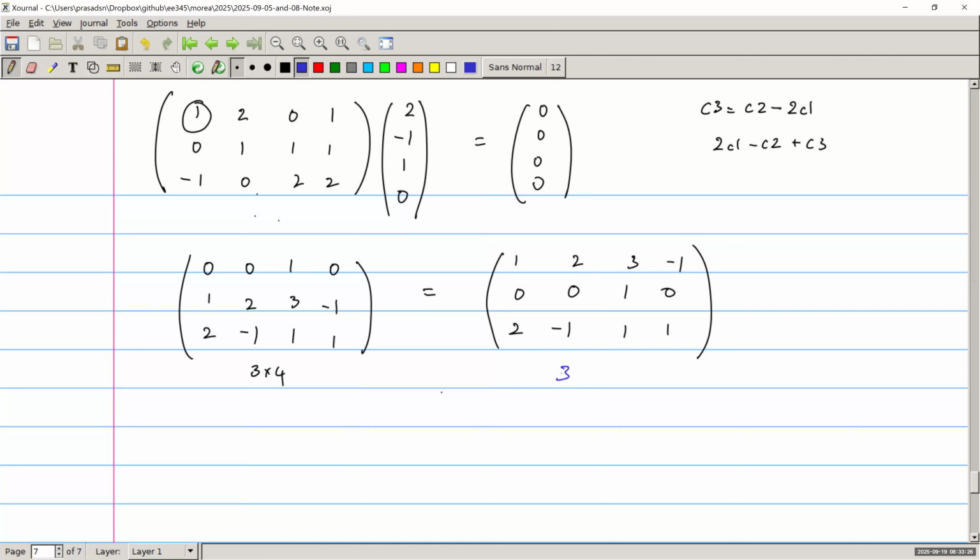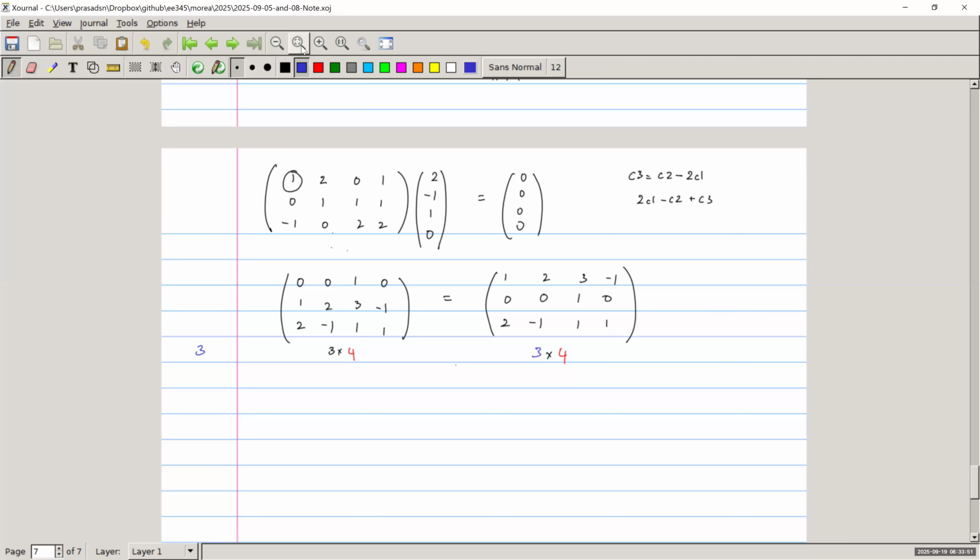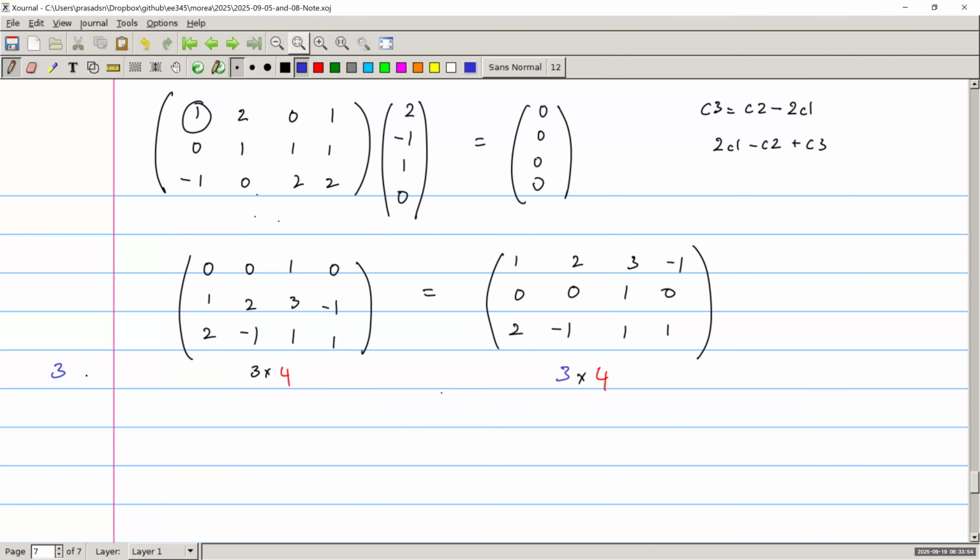So 3 by 4, this 4 is here, and this 3 will be the size of the first matrix. For the second number in the size of the matrix, it must match this 3. So you don't have a choice there. So this should be a 3 times 3 matrix.